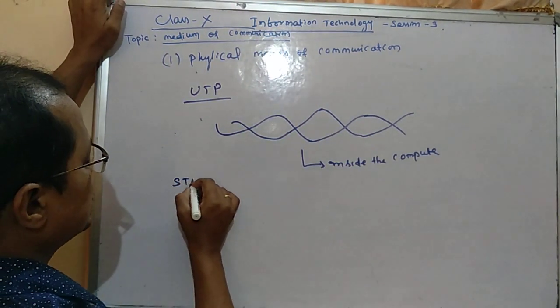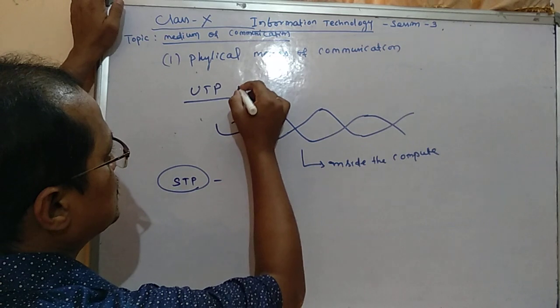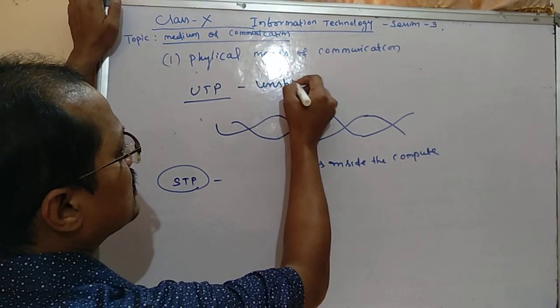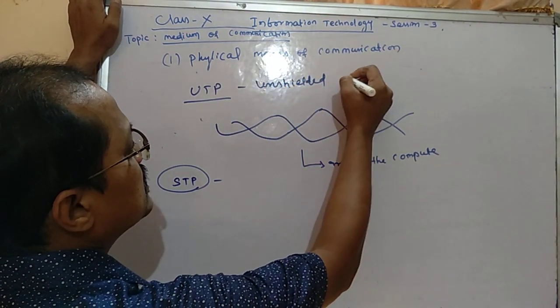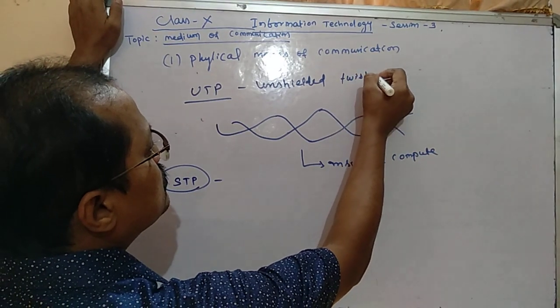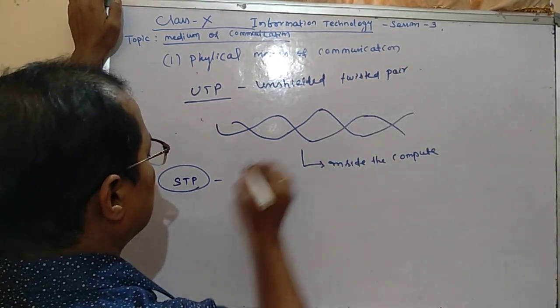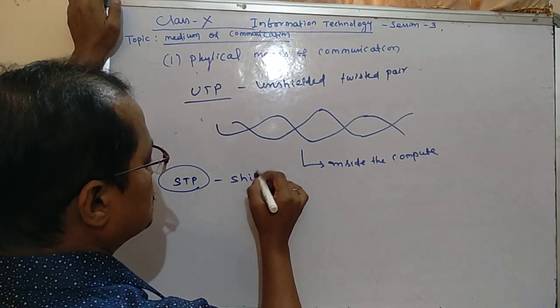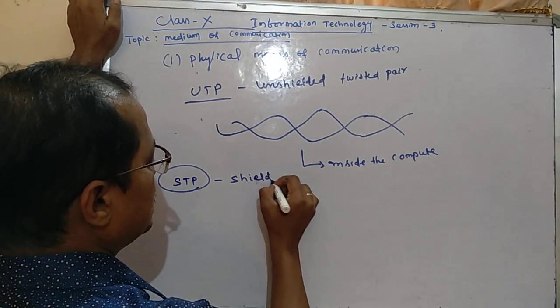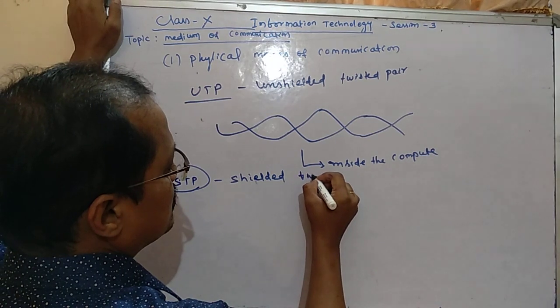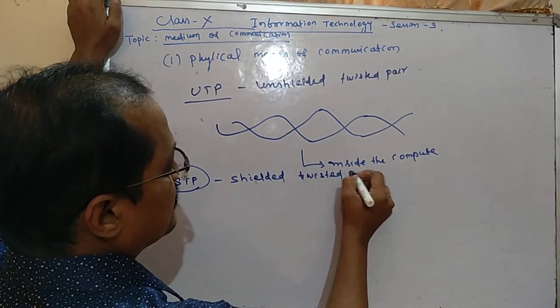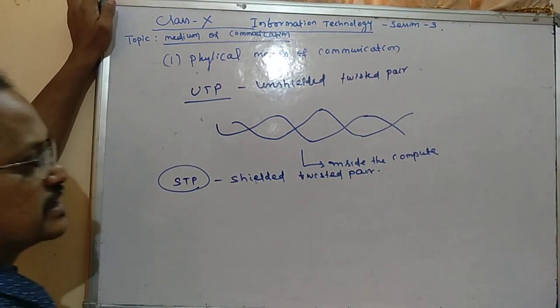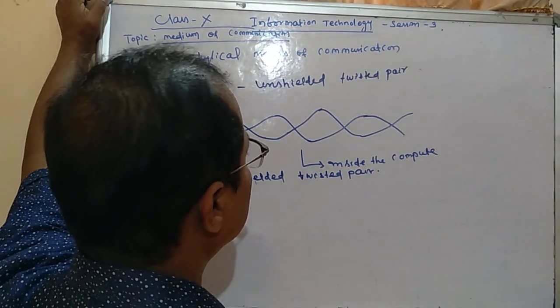Then there is STP. This is unshielded twisted pair, and this is called shielded twisted pair. Shielded twisted pair is a little safer than the unshielded twisted pair.